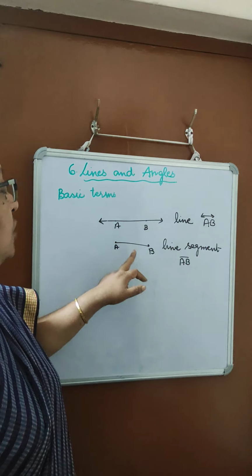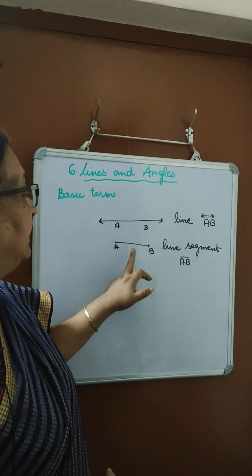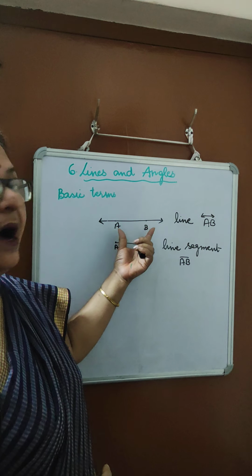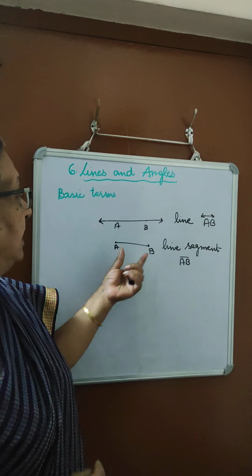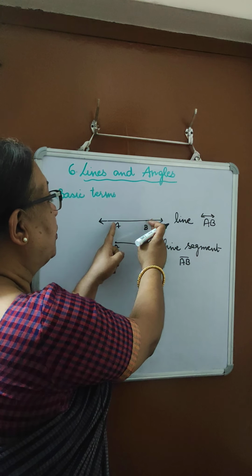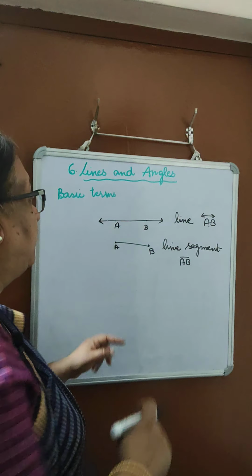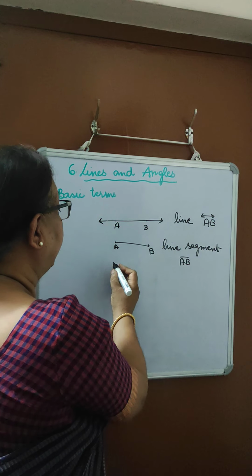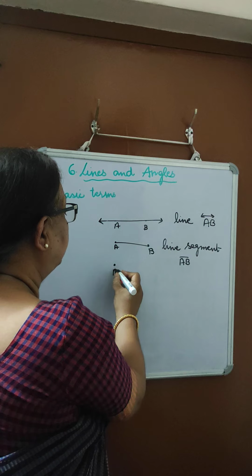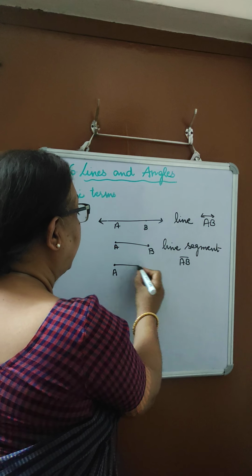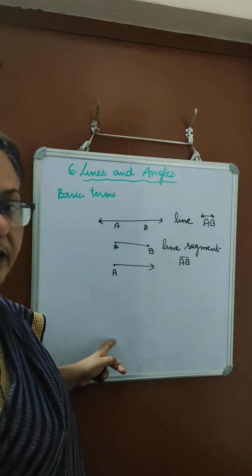Now what you can also say is, this line segment is a part of the line, isn't it? This portion of the line represents line segment AB. Now suppose I keep this point A fixed and extend this way.